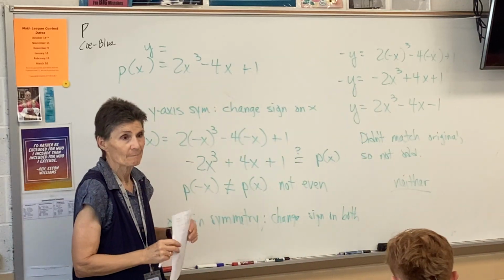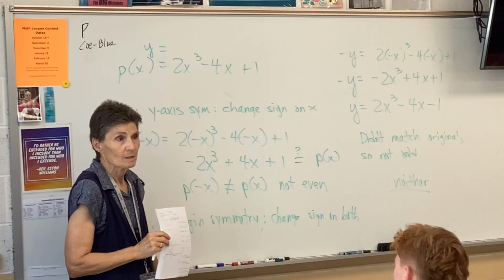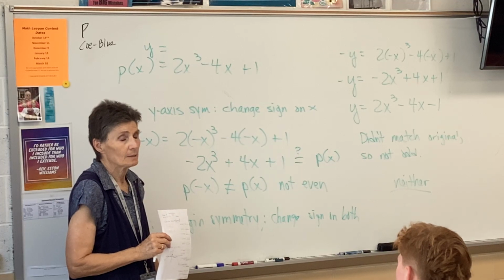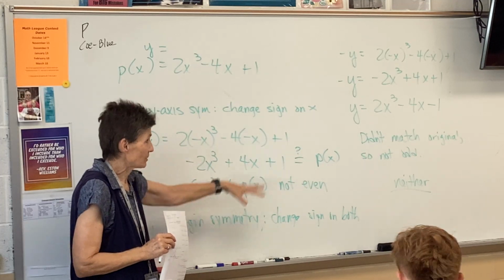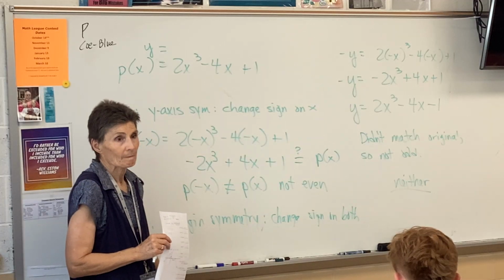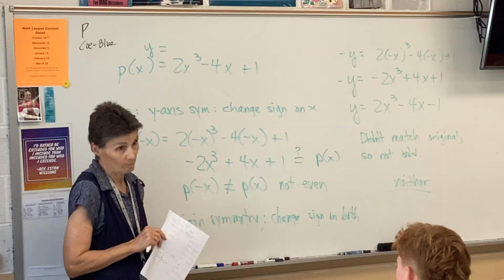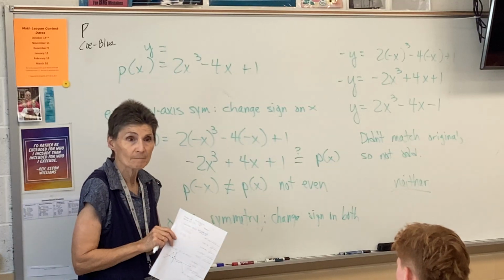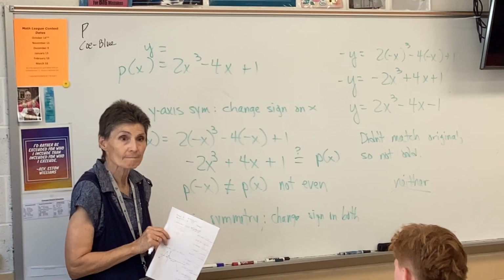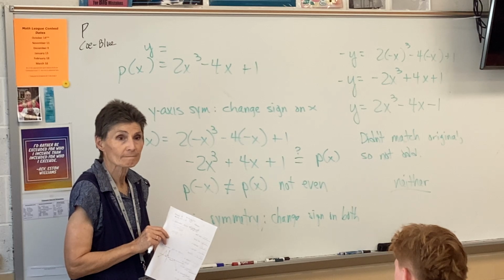I put neither, you said I didn't answer it right. Well, did you explain it like I did? The equation above is neither because it's not. All right, I'll look at it and see. Chances are, no, it's not even. But I'll look at it and see. If we say it doesn't have symmetry, or it has no symmetry, that's still wrong.